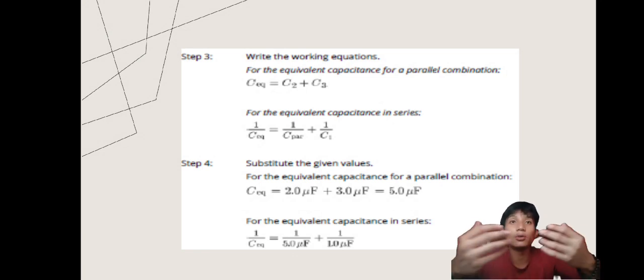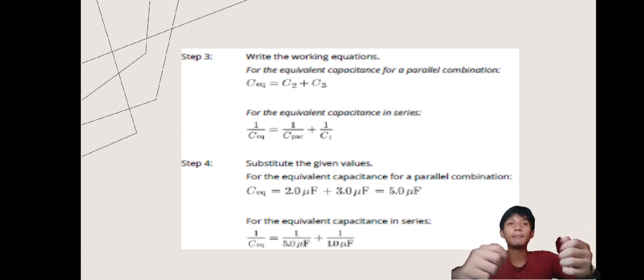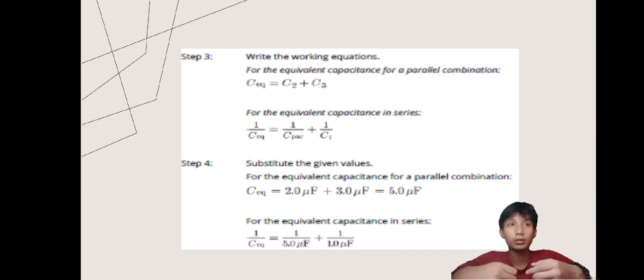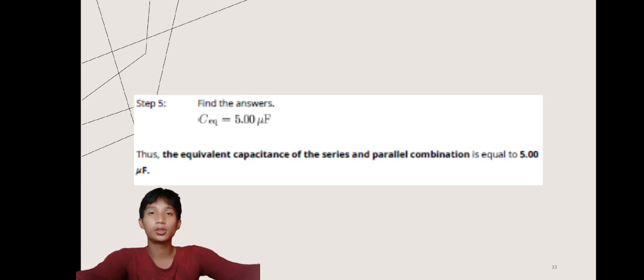Thus, the equivalent capacitance of the series and parallel combination is equal to 5.0 microfarads. So, lastly, the equivalent capacitance of the series and parallel combination is equal to 5.00 microfarads.